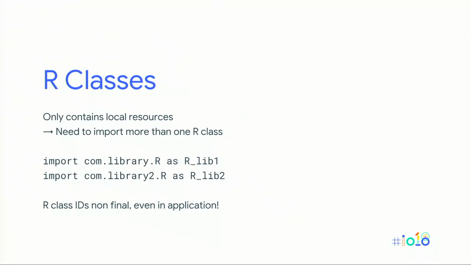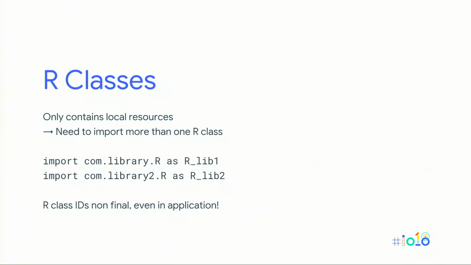So let's look at some of the impact of that change. First, I said that the R class of each module only contains the resources of that module. It doesn't contain all of them. That means that if you're inside a module and you want to reference a resource from another module, you have to use the R class from that module instead of the R class of your app. That means you're likely to have to import more than one R class, which Kotlin solved easily with type alias.